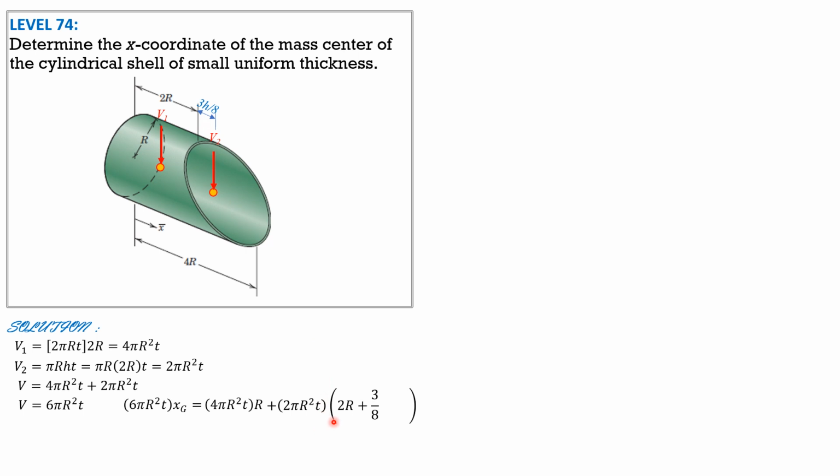So 6x_G, after cancelling out πr squared t, the first term here is 4r, and the second term is 2 times 11 over 4 r. Combining and dividing by 6, we can now derive x_G, which is equal to 19 over 12 of r. That's it, because we are only asked for the x-coordinate of the mass center. Of course, by symmetry, y_G and z_G would be 0.